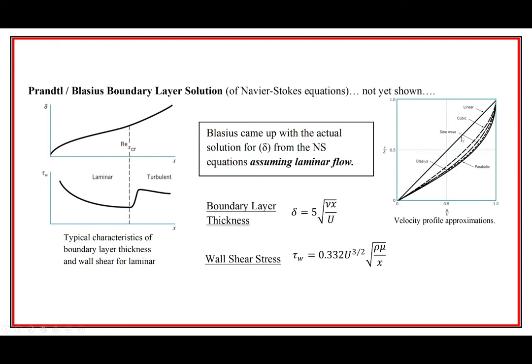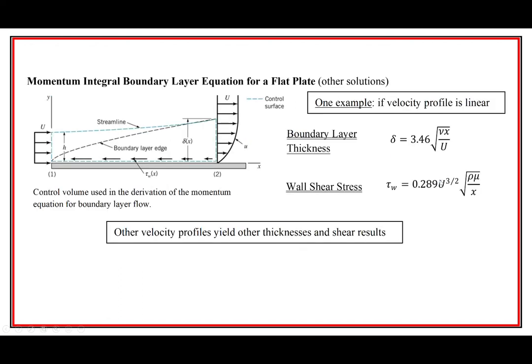Now, another simplification that we could make to try to solve these Navier-Stokes equations, which we haven't seen yet, is to have a linear velocity profile. So here's one where we have this momentum integral boundary layer equation for the flat plate, where now we say the velocity profile is linear.